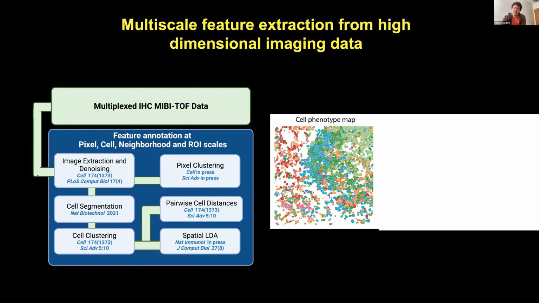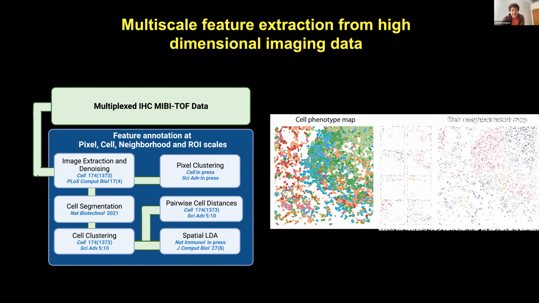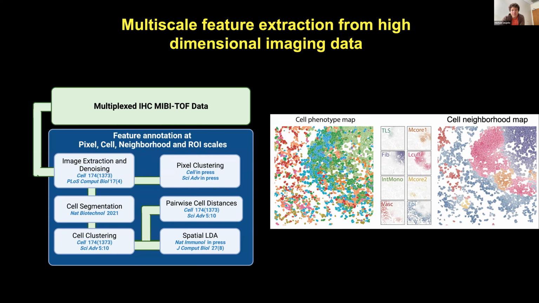I won't spend too long explaining the algorithms for the sake of time, but this completes the nested way that we look at these images: at the level of pixels, the level of cells, and then the level of multicellular organization within confined areas of the tissue.